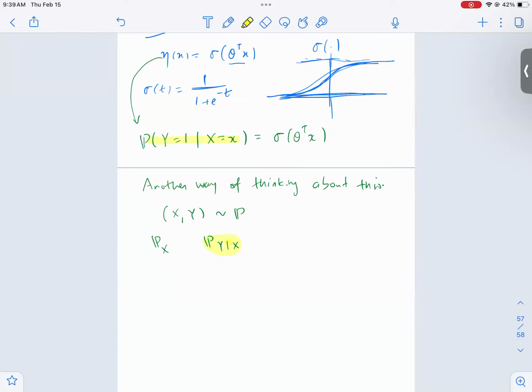Why is it enough? The claim is that this completely specifies the conditional distribution of y given x. That's two values: the probability of y equals 0 given x is 1 minus this. So I'm effectively specifying the entire joint distribution.